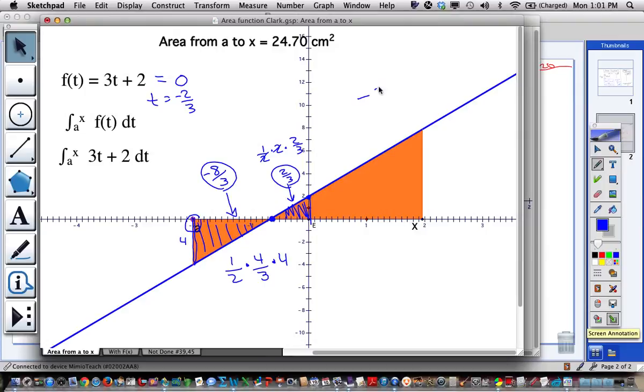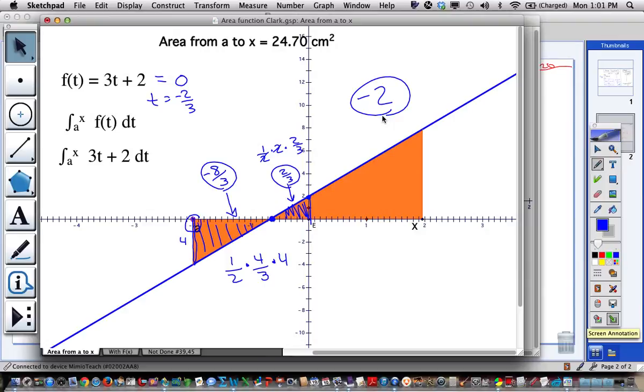-6/3 would be -2. Now let's think. We got to think about this with positive, negative. So how does this compare to the original function? I guess what I'm asking is, is it 2 less or 2 more than the original function? It's 2 less than the original function, because the original function was this piece of area. What we've added to it is this much, which is more negative than it is positive.